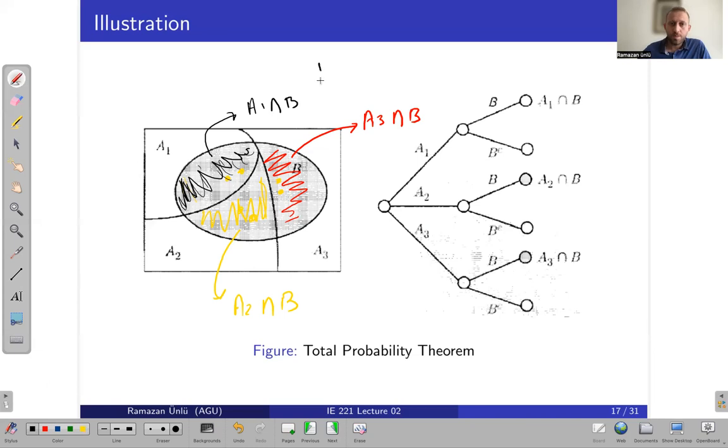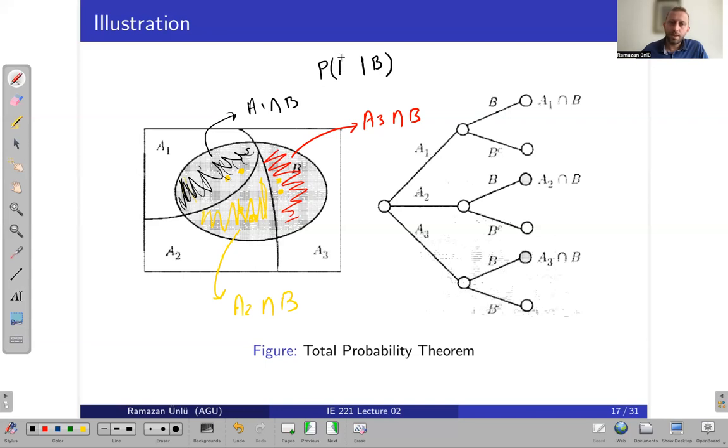The first thing we know is that these points are coming from B, right? That means we are given B. We know that piece of information.